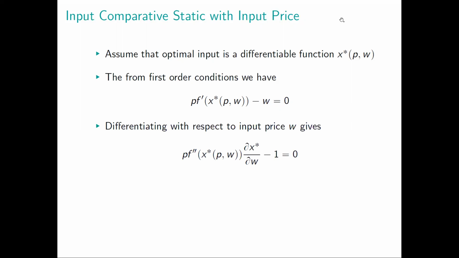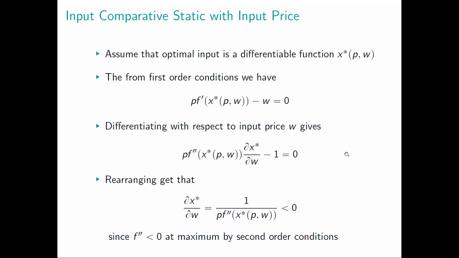Here, if we want to look at the comparative static with respect to input price, we can just differentiate with respect to input price. But then we'll get p times the second derivative now of our production function times the change in x star with respect to input price minus 1 is equal to 0.